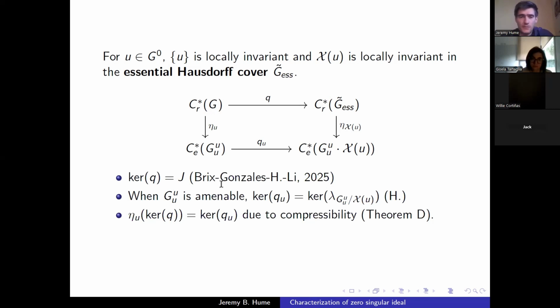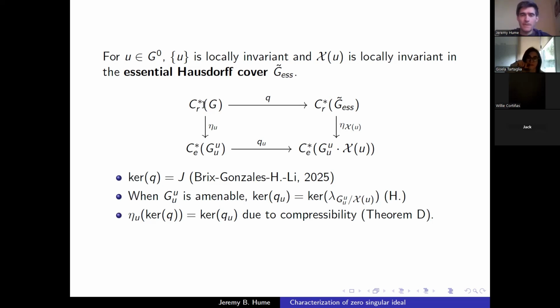This was shown by us earlier this year. Then in my paper, I calculate the kernel of Q_U, and when the isotropy is amenable, it's actually the kernel of the direct sum of all these quasi-regular representations. And that's how the characterization gets linked back to what we're doing here.